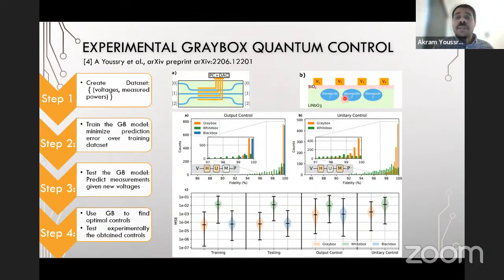We trained the Graybox first with enforcing the Graybox to generate a real valued Hamiltonian, and this wasn't fitting the data. When we relaxed this and allowed the Hamiltonian to be complex valued, which is allowed by quantum mechanics, it actually fitted better. This was an indication that for these kinds of devices, we need to model the Hamiltonian as complex valued, not just real valued.